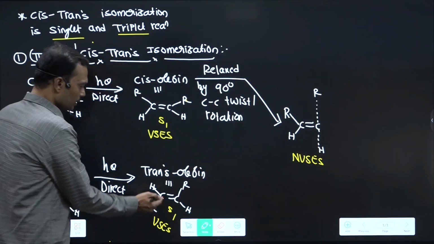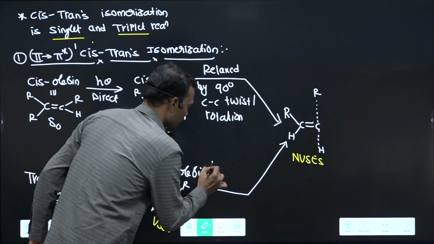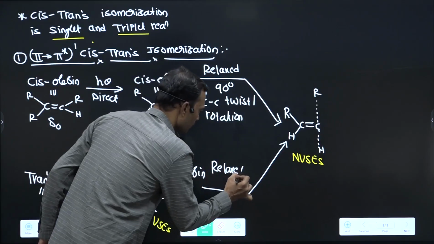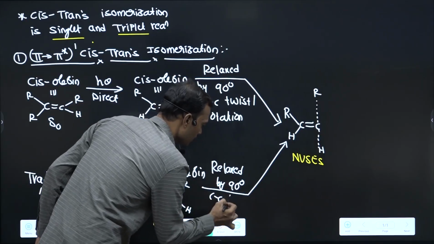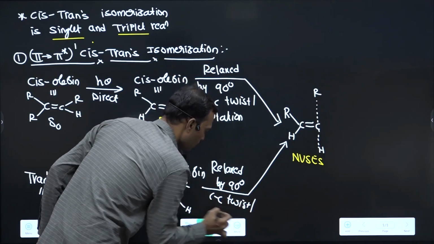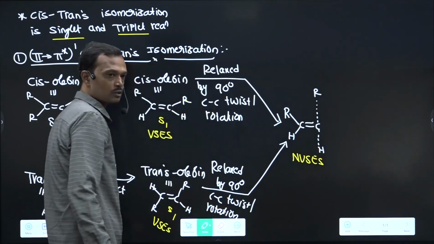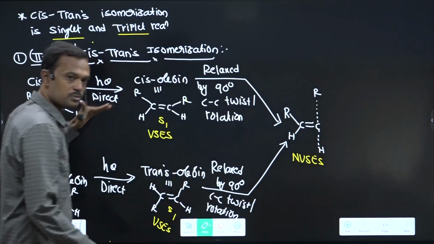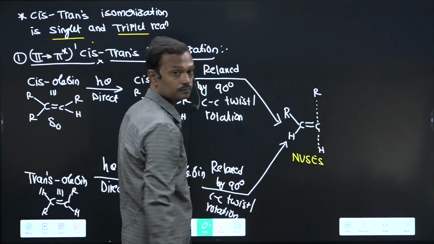In the same way, this undergoes C-C rotation. Same point you need to relate here. See, relaxed by 90 degree C-C twist or rotation. So after C-C twist or rotation, whether it came from cis or from trans, both will reach a common state.